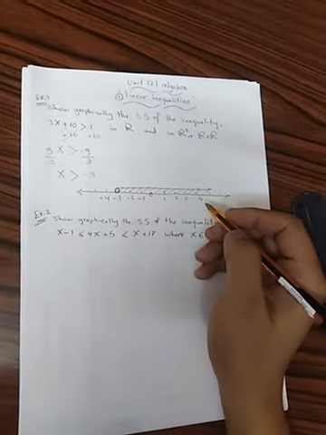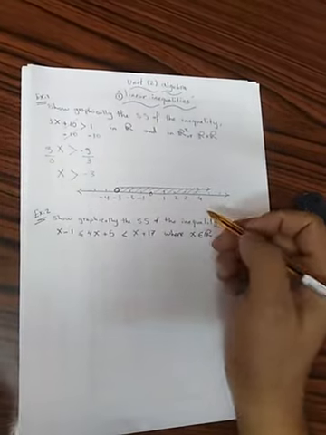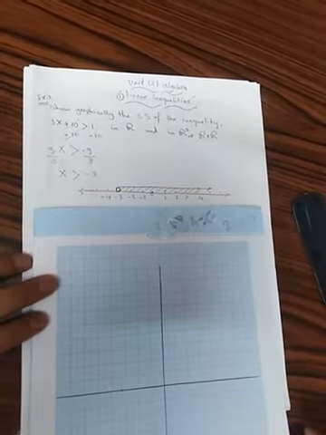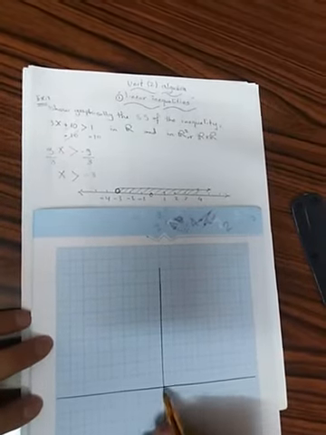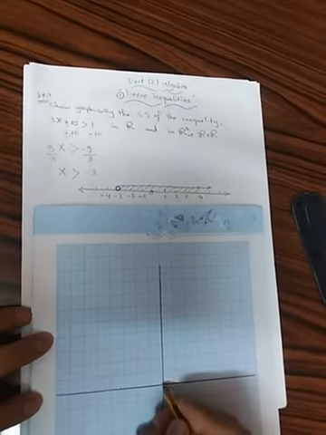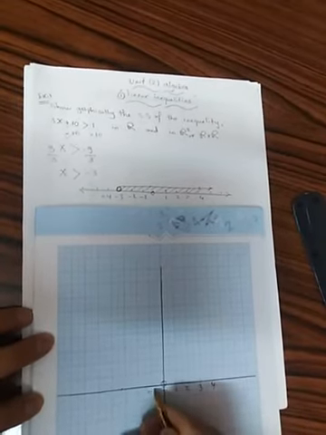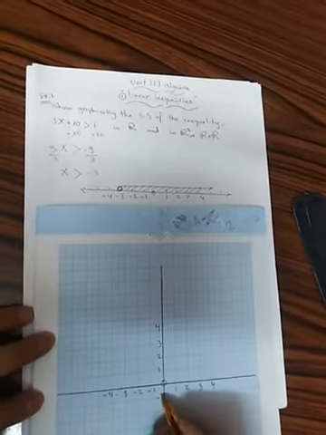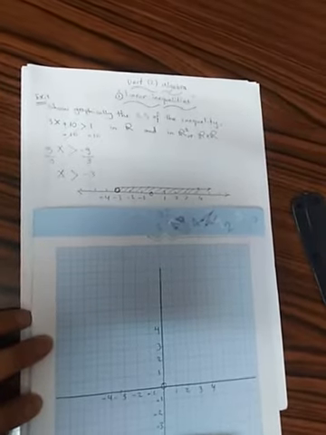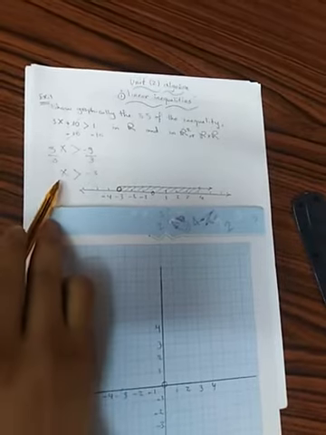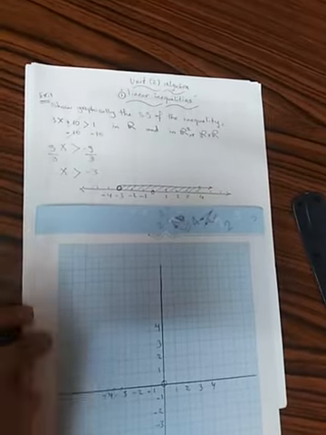But in R2, we should graph the plane. 0 in the middle, 1, 2, 3, 4, and so on, and negative 1, negative 2, negative 3, negative 4, and so on, on both axes. The inequality was x more than negative 3.